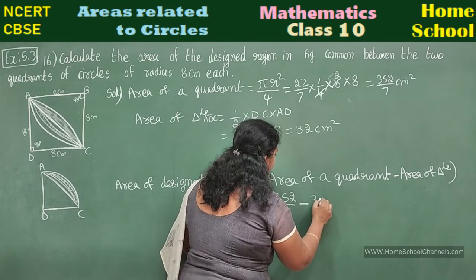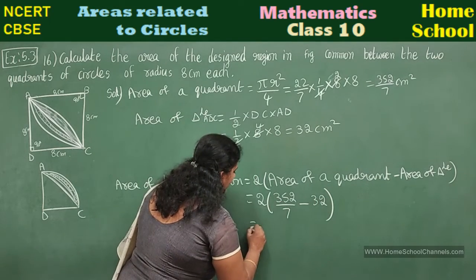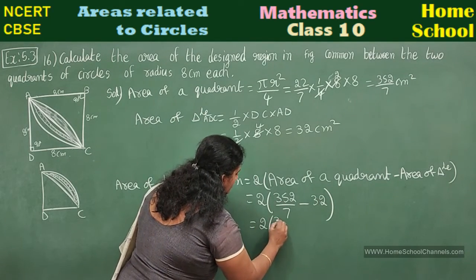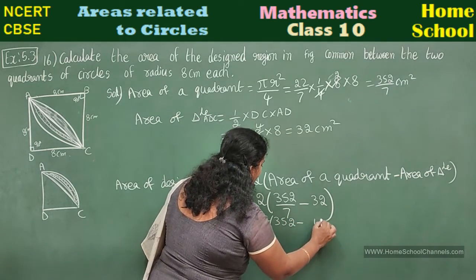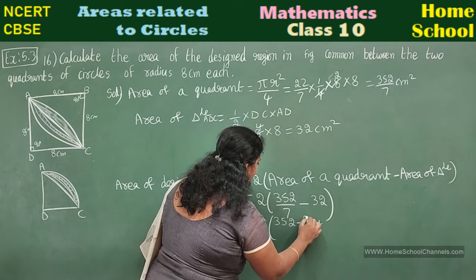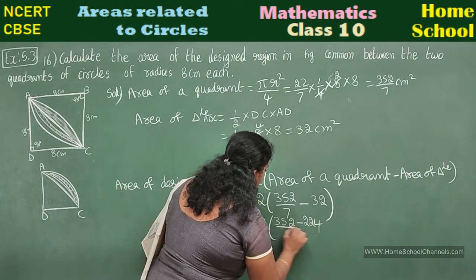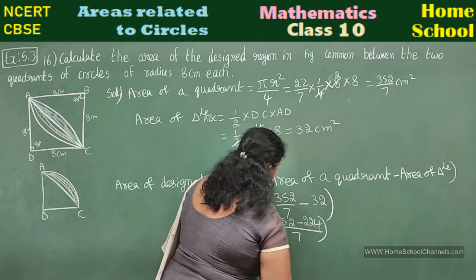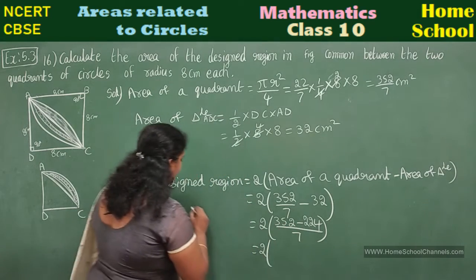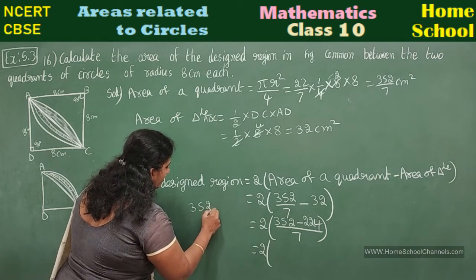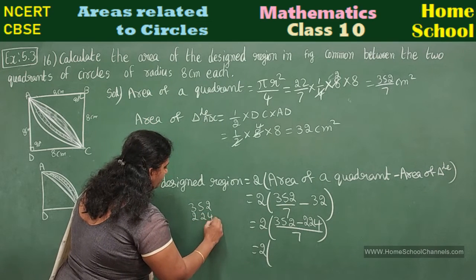area of a triangle, which is 32. Then do the LCM here. 352 minus 7 2s are 14, 7 3s are 21 plus 1 is 22, so 224 by 7. That will be 352 minus 224.